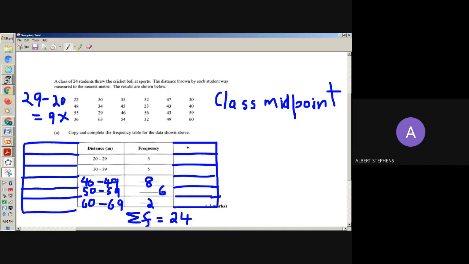I'm going to put something to the left, but to the right we're going to look at the class midpoint. I'm using MP for midpoint.